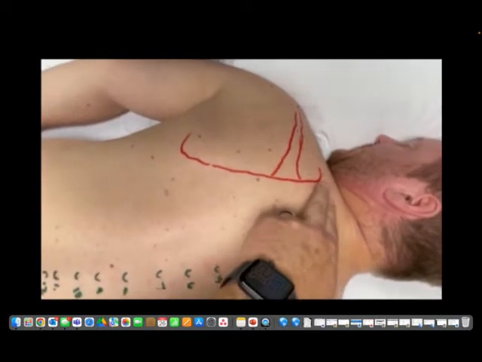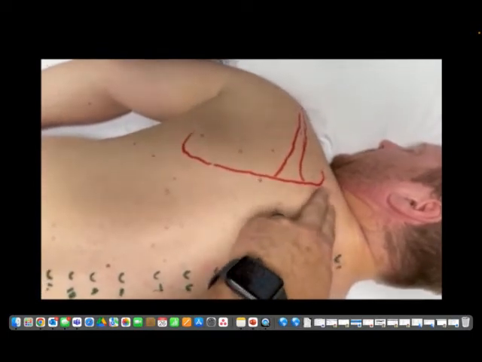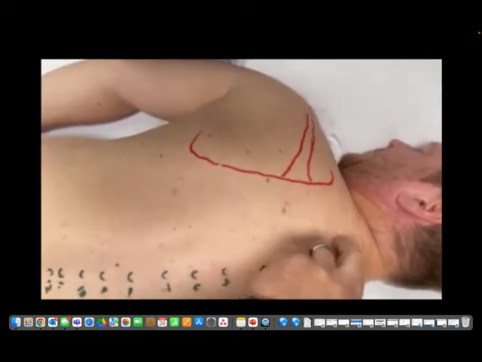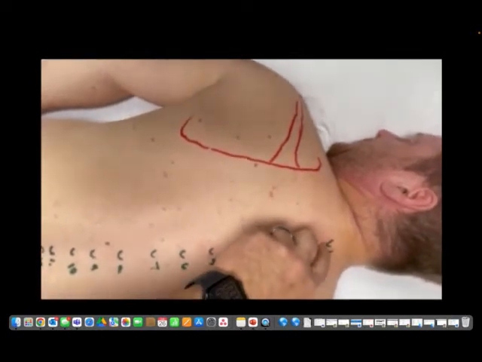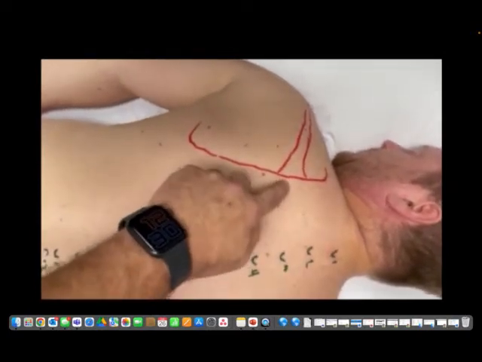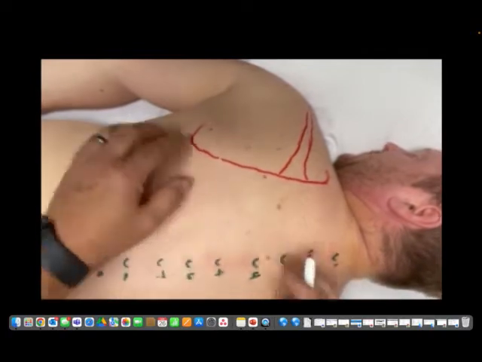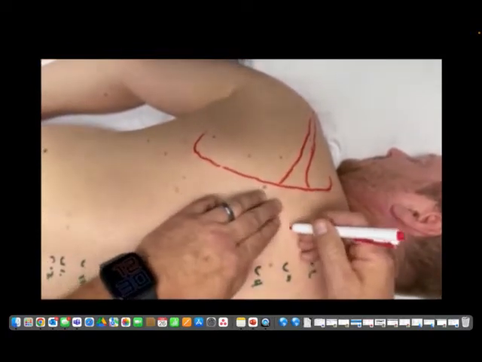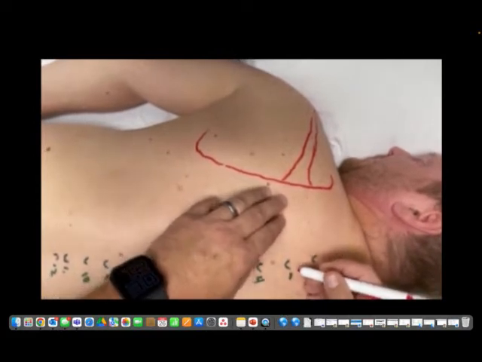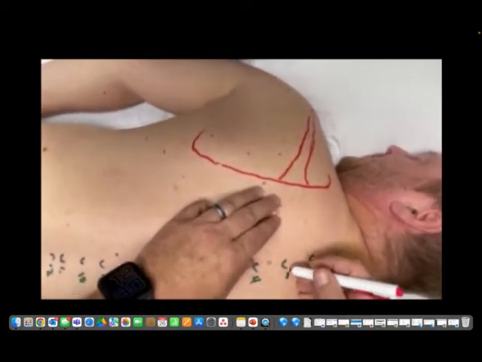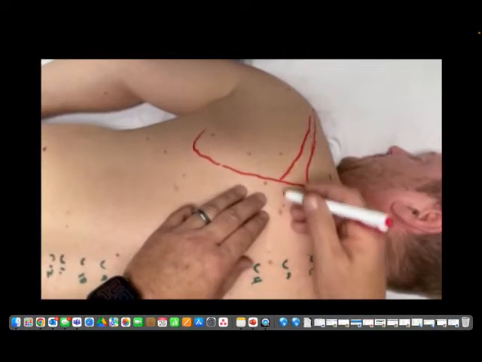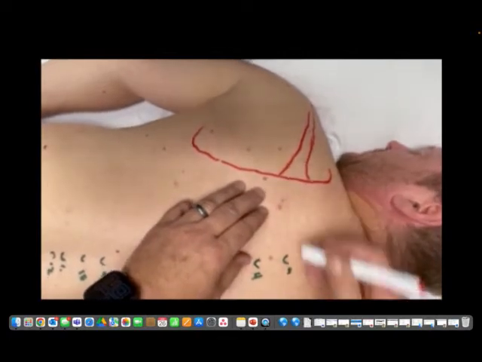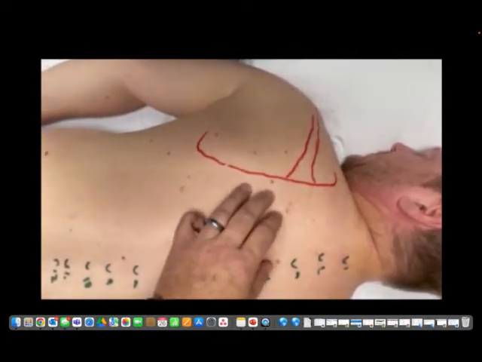The superior angle of the scapula is basically going to sit, give or take, at the spinous process of T1. If we look at the root of the scapula, now this scapula is actually up just a little bit. However, it's going to sit between the spinous processes of T3 and T4. So that's a really nice way for us to locate that spinal level.